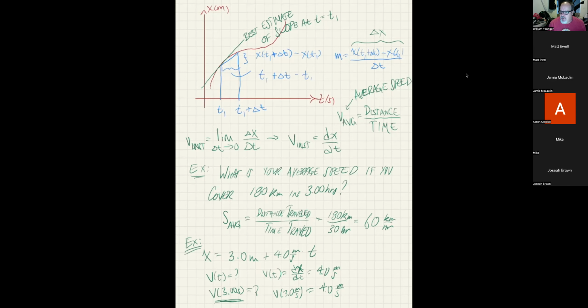So if after 1 second it goes from 1.0 to 1.2, then after 2 seconds it goes to 1.4, and after 3 seconds it goes to 1.6, and after 4 seconds it goes to 1.8. So it's consistently changing this velocity by 0.2 meters per second every second.